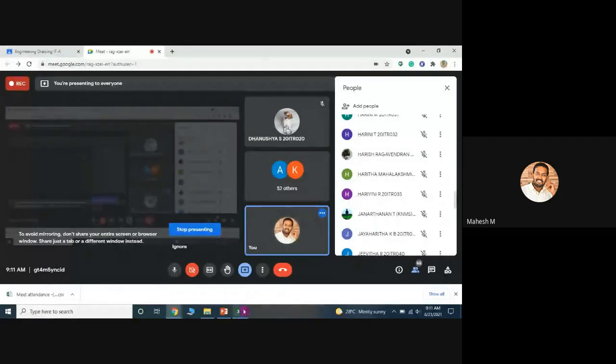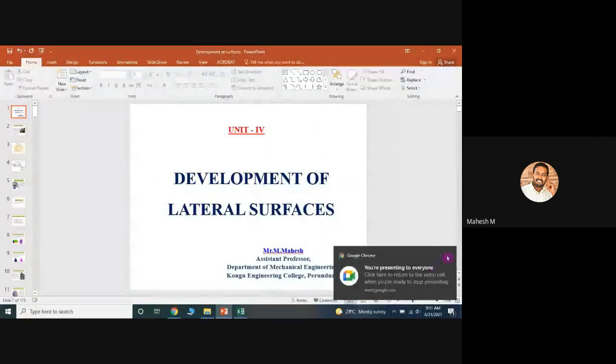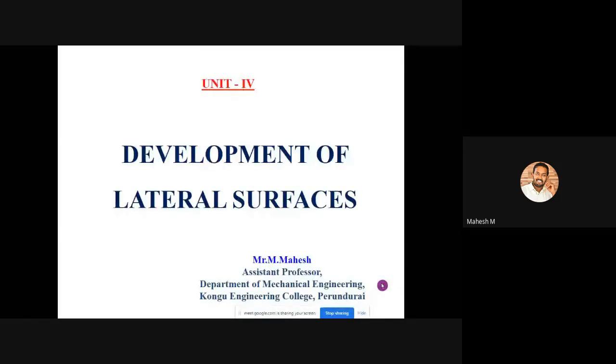Okay. So I'm going to 4th unit. So the topic for fourth unit is the development of lateral surfaces. So before that, do you have anything to ask me regarding CAT 2? So no doubts. Okay. So the fourth unit topic is development of lateral surface.